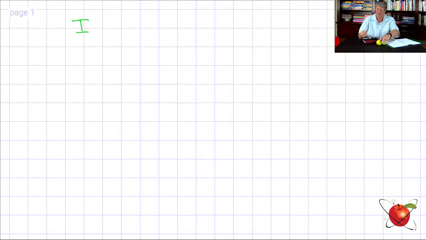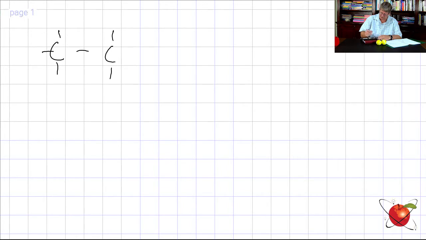Remember we said that we can get a C and a C forming together and the H's come around. So we said we had a carbon which linked up with a carbon, and let's link it at this stage like that.